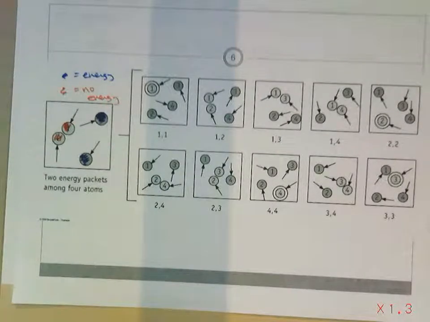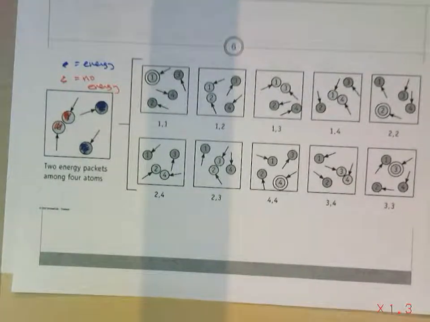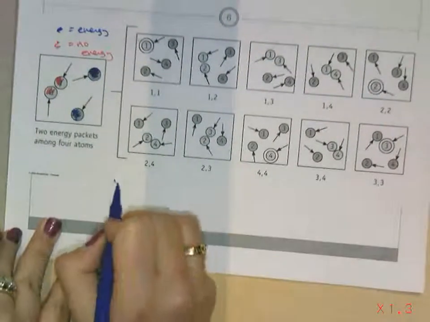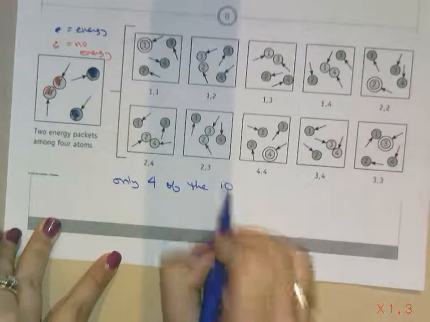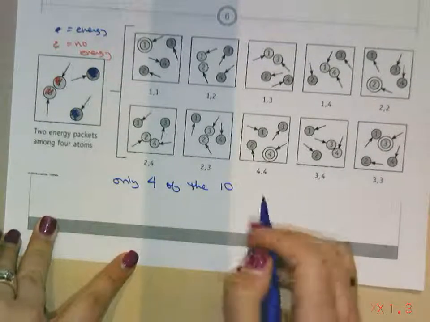Looking at my picture, how many different ways have the energy only on 1 atom? So a double circle around 1 atom. 4. So only 4 of the 10 ways to arrange this system.